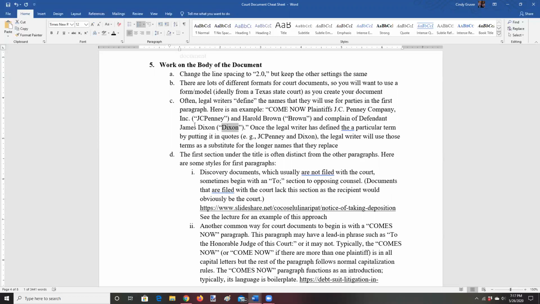There's a one-to-one correlation there. Similarly, let's say JCPenney has several subsidiaries, many of which have some form of JCPenney in their names. Well, we've said this particular entity is the one that is JCPenney. Any other entities aren't this person. Similarly with Harold Brown.